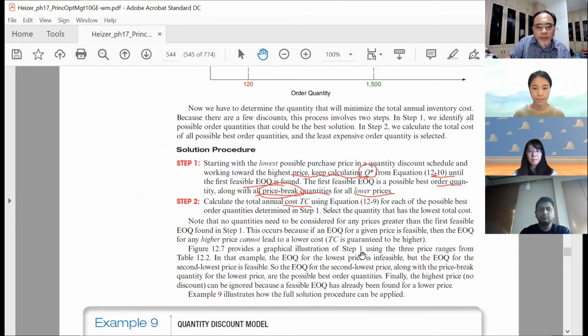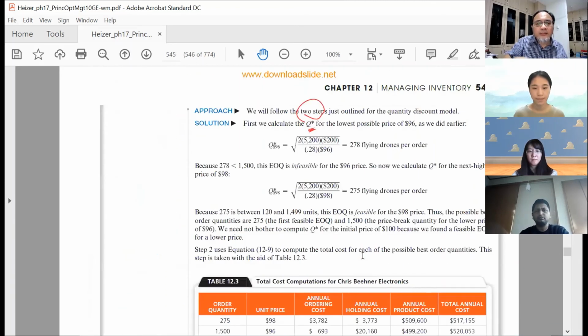Now we calculate Q star for the lowest possible price, which is $96. Q star at 96 uses the formula: square root of 2 times demand times setup cost of 200, divided by the percentage 0.28 times price.